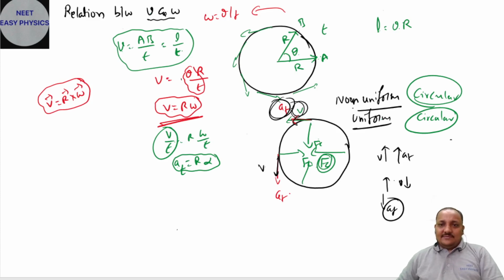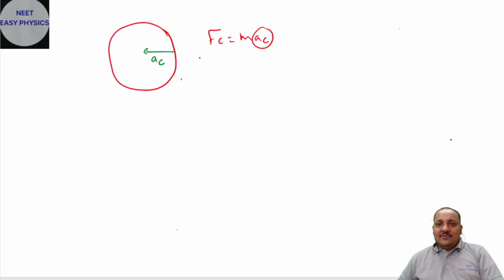Now towards the center, whenever force is acting, acceleration is going to be there. So this is called centripetal acceleration. Centripetal acceleration always acts towards the center. Therefore, in uniform or non-uniform, centripetal force is common, and therefore centripetal acceleration is common for both. If it is only uniform circular motion, only centripetal acceleration will be active.